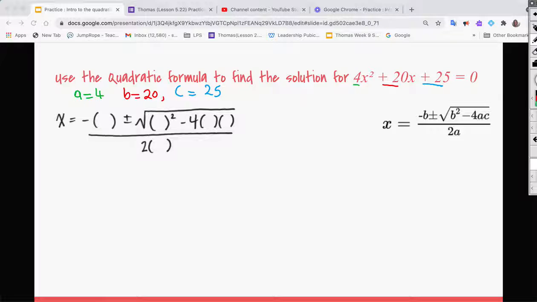So now we're going to fill those in our formula. So that's negative 20 plus or minus the square root of 20 squared minus 4 times, our a was 4, and we know a goes in the bottom, and our c was 25.